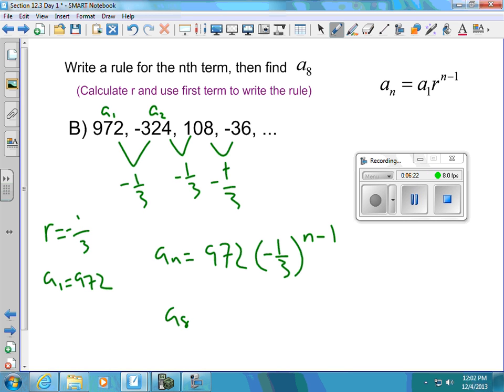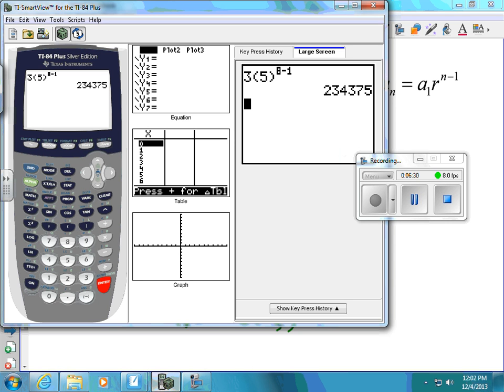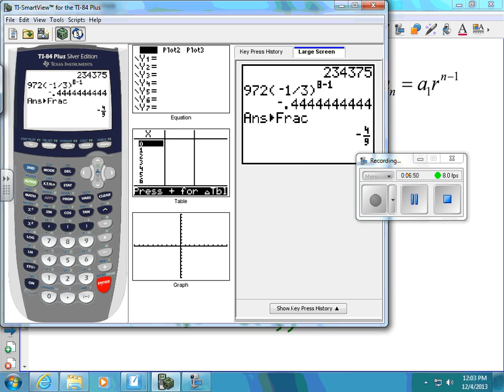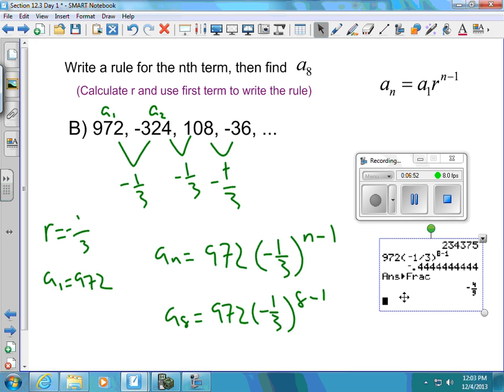We just plug 8 in, and we can plug it in our calculator. 972 times negative 1 over 3 to the 8 minus 1, which is negative 0.44. If we hit math fraction, we get negative 4/9.